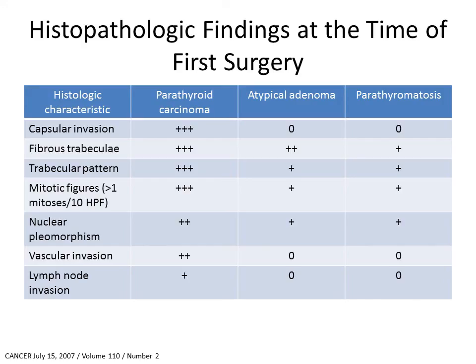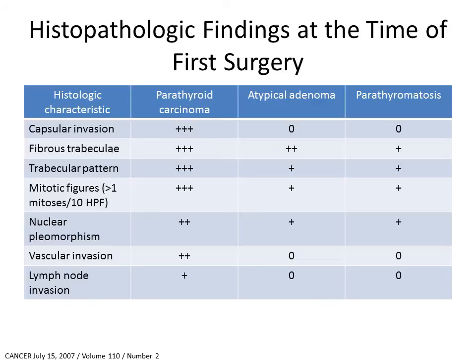Finally, a few words on the parathyroid gland. Basically, I just want you to remember three things in parathyroid pathology: parathyroid carcinoma, parathyroid atypical adenoma, and parathyromatosis. These are three important concepts, especially at the time of frozen section.